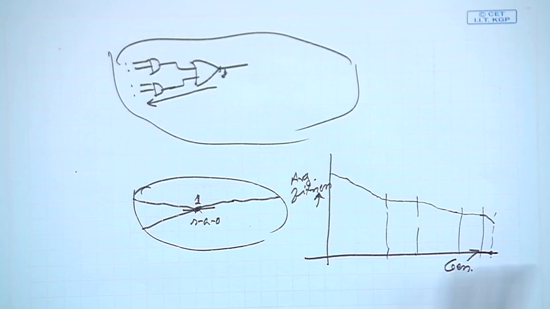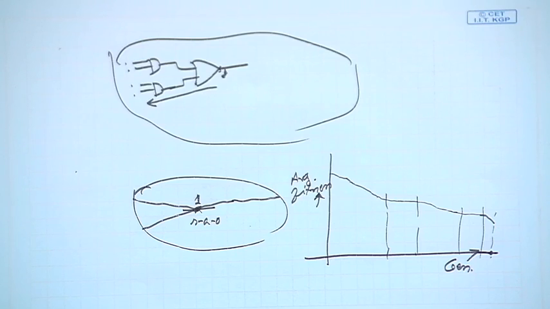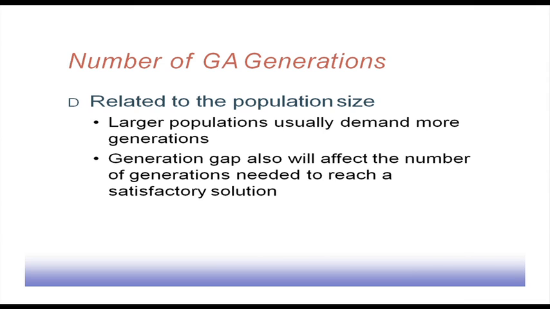So this problem is there. As a result, the larger the population size, the larger the number of generations required. Larger population will demand more generations, and the generation gap will affect the number of generations needed to reach a satisfactory solution, because it depends on how many chromosomes you are directly copying from one generation to the next.